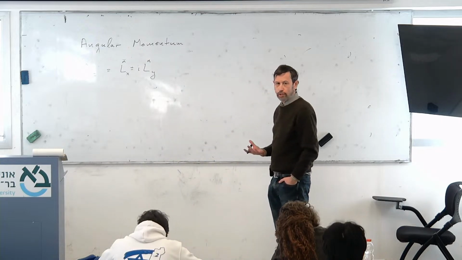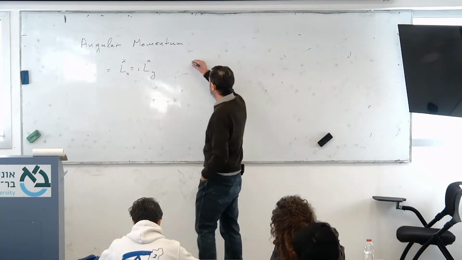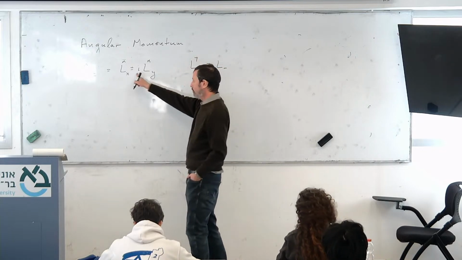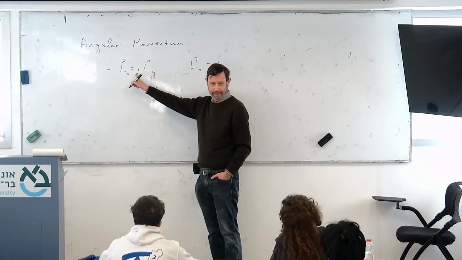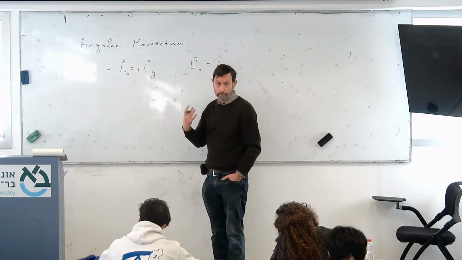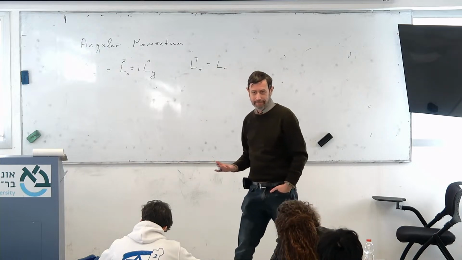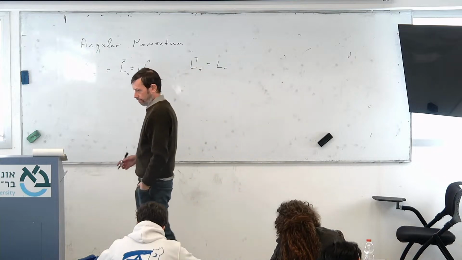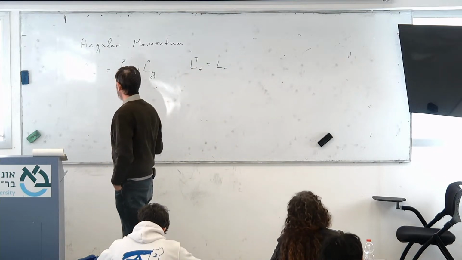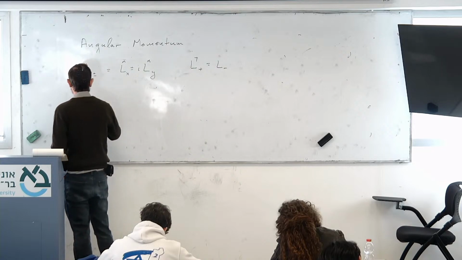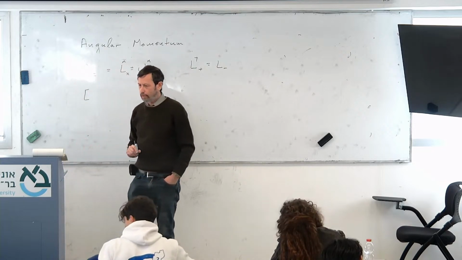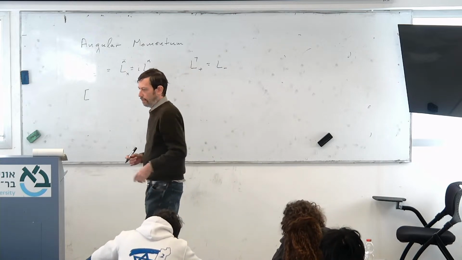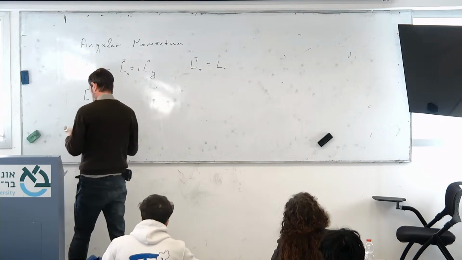They are not Hermitian for the simple reason that if I take L plus dagger, I get L minus, just because of this I. Lx and Ly are of course Hermitian. And let's see what are the commutation properties of these operators.